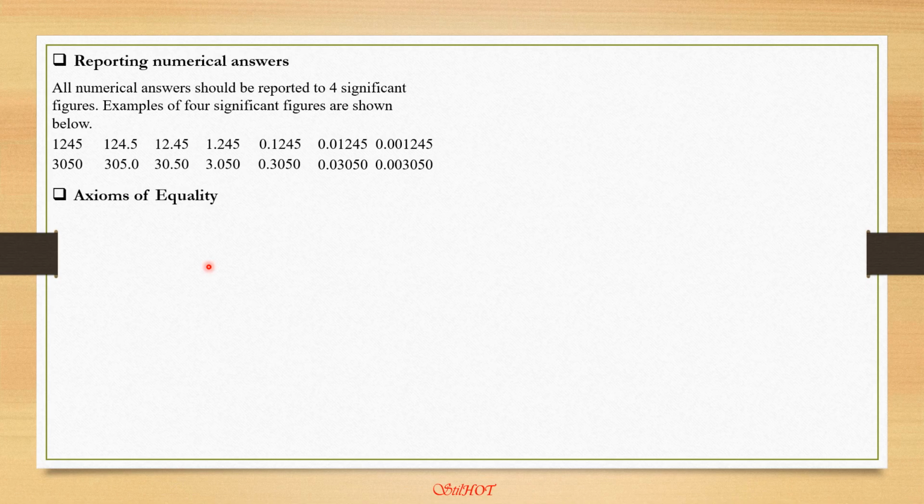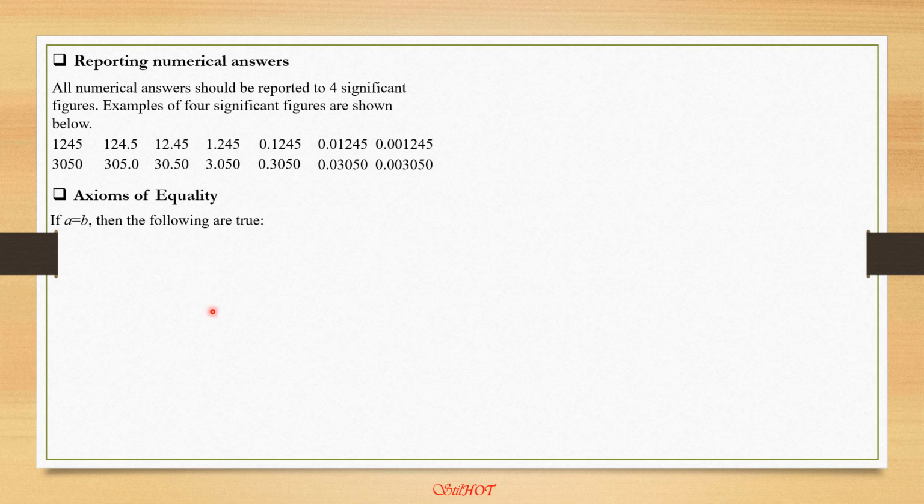So next, this is important from algebra, we have axioms of equality. Of course, this is applicable for real numbers because we only consider real values in statics. So if A is equal to B, then the following mathematical statements are correct or true.